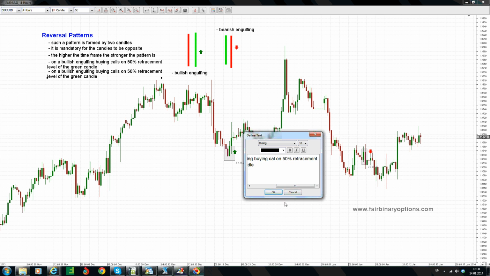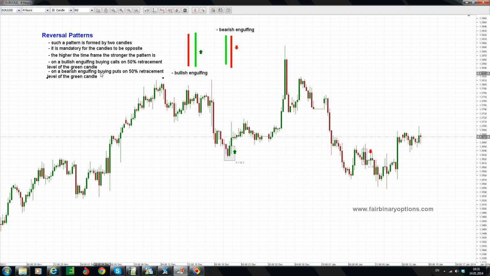Why put options, or puts? Because we're looking for price to go to the downside, and these are the classical examples that I wanted to show you. Now you have to imagine that because these are reversal patterns, after an upward trend bulls will try to keep testing the upside, and this is why a 50% retracement is mandatory.